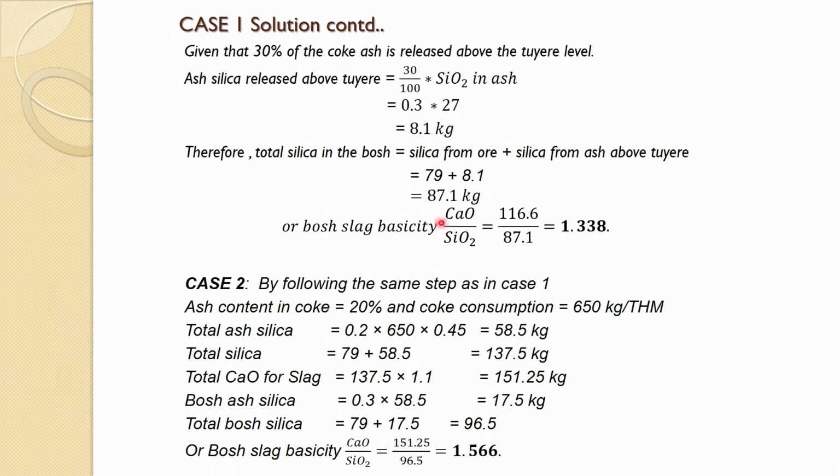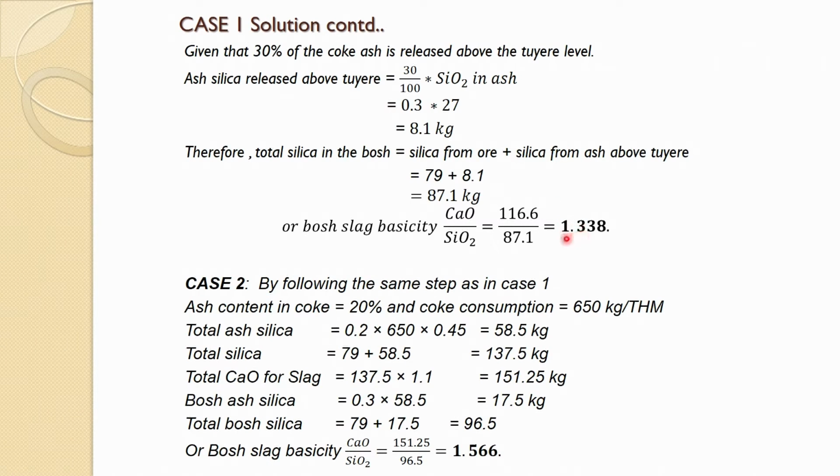So, this CaO to SiO2 ratio would be 1.338. Look at that, 1.338. As we said even before, when we were discussing the 3 types of slag, primary slag, Bosh slag and the final slag, we mentioned that in the Bosh regions usually the basicity of the slag is higher.